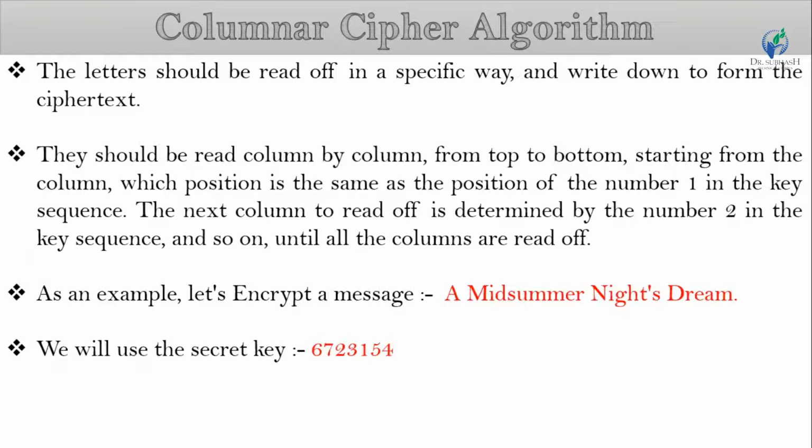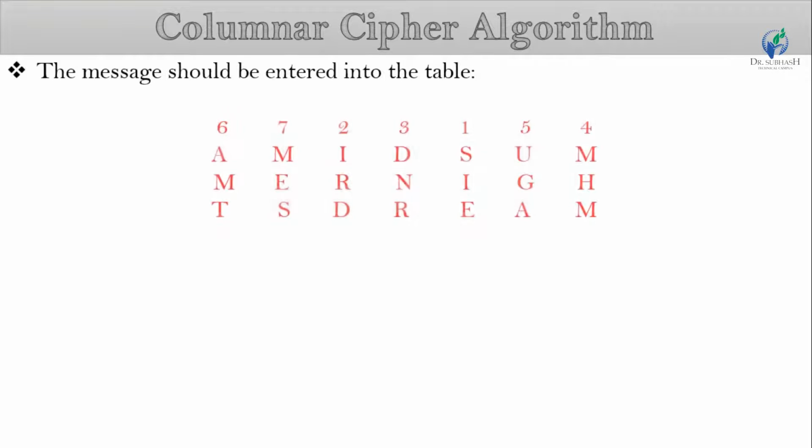After removing all non-letter characters and changing the letters to uppercase, the message should be entered into the table like this. First row is our key and the second, third and fourth rows are our plain text message.